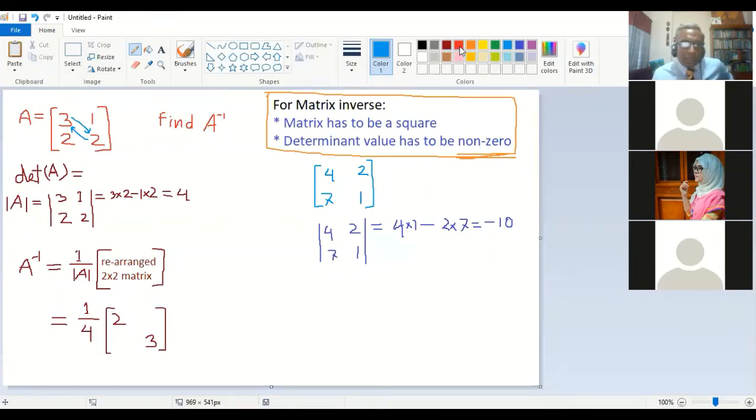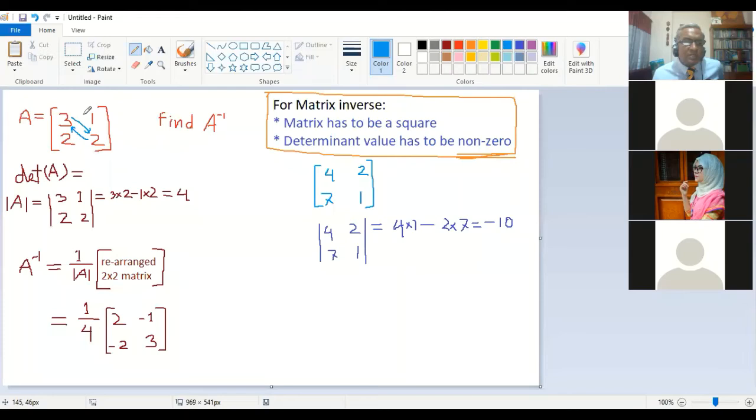Another change will come. 1 is in the same place, 2 is in the same place, but both will be minus. Both will be minus: -1, -2. So this is another change. So what is the second change?